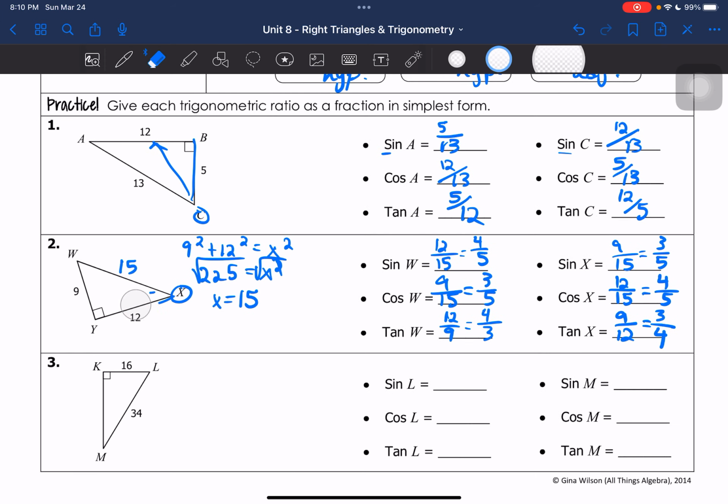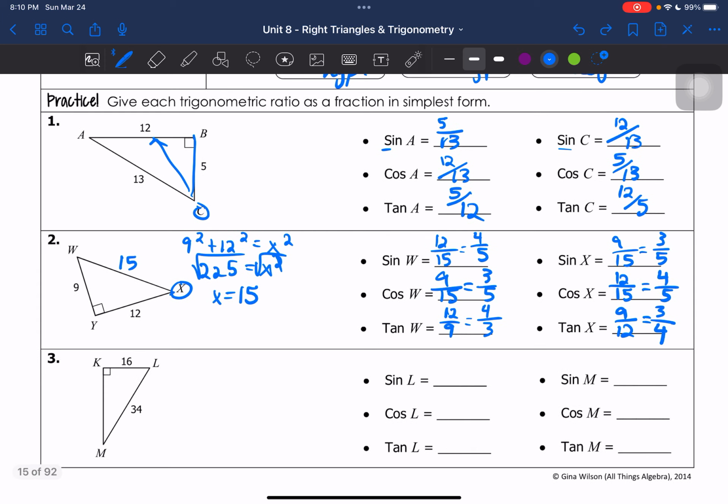And then let's look at number 3. I can tell that this time I'm missing this leg. So again, I'm going to need to use Pythagorean theorem to find out what that is. And hopefully this process you remember doing in 8.1. So I'm going to call this x. So I'm going to say x squared plus 16 squared equals 34 squared. This time I'm missing a leg, so that's why my x goes on the left side.